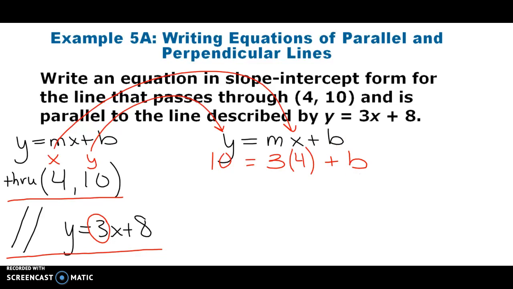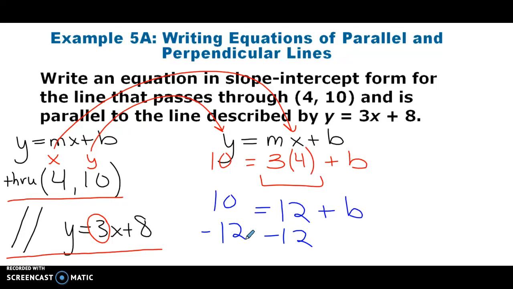We don't know what the y-intercept is, but we need to force it to go through the point (4, 10). So now we just need to solve for b like in other ones. So 3 times 4 is 12. Subtract 12 over. That means b is -2.